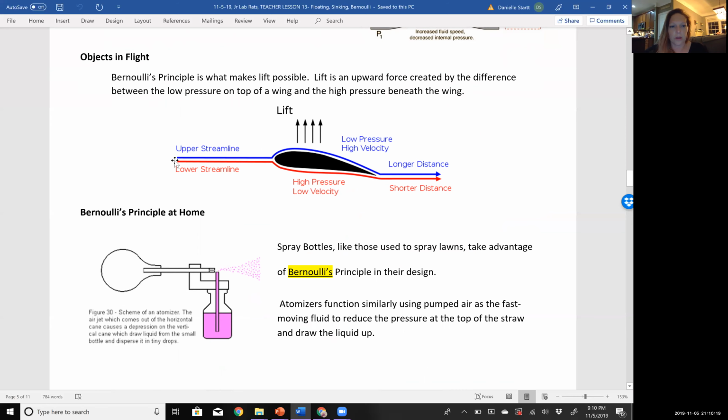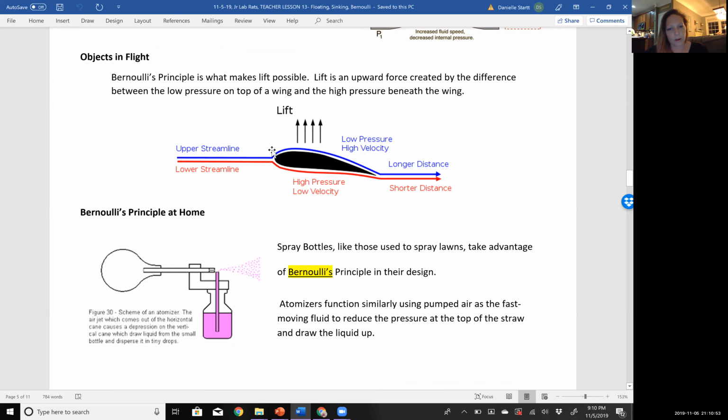So here with the wing, you've got air coming straight at the front of it, and then it is divided when it hits the wing, and the air beneath is going to pass over a shorter distance because this is a straighter edge, whereas this is a big curve and it's a longer distance. So the air that passes beneath will pass with low velocity because it's trying to get here at the same time, but it's going to have higher pressure because of Bernoulli's principle.